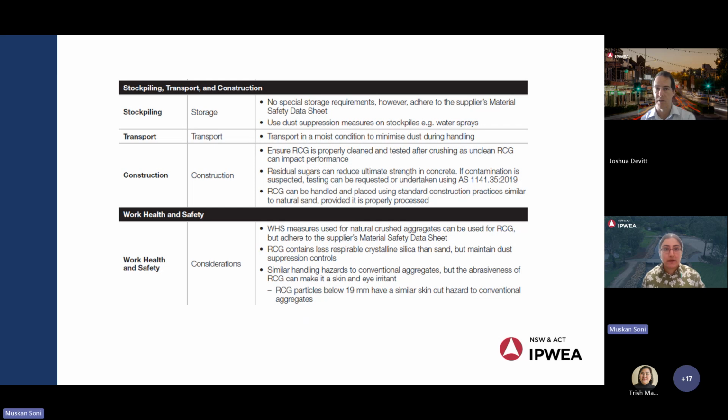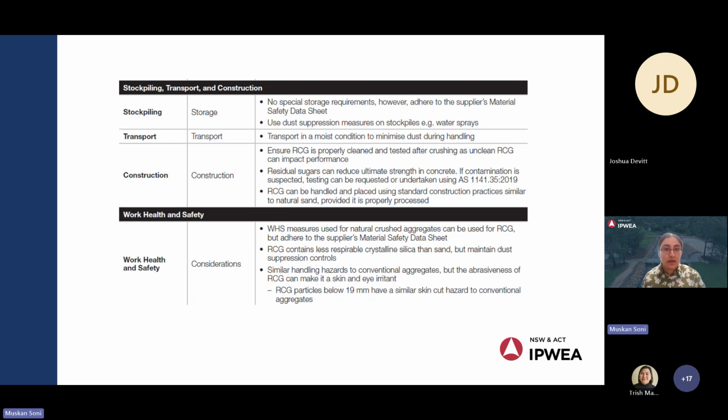So for the stockpiling, transport, and construction section, it mostly looks at if there are any special or different storage requirements compared to the natural aggregates or any other, for example, sand with recycled crushed glass. It also discusses the controls that you can use, such as for dust suppression and also for erosion and sedimentation control.